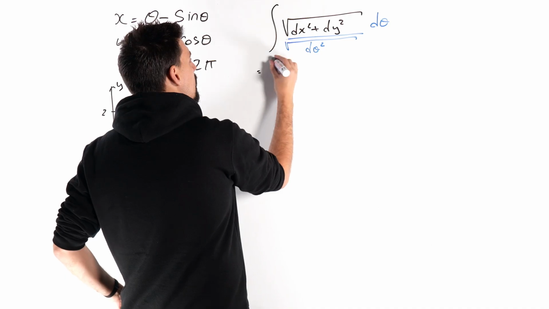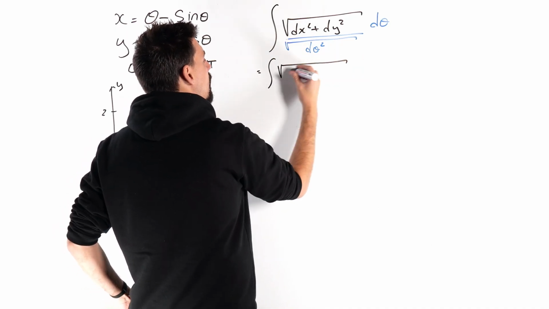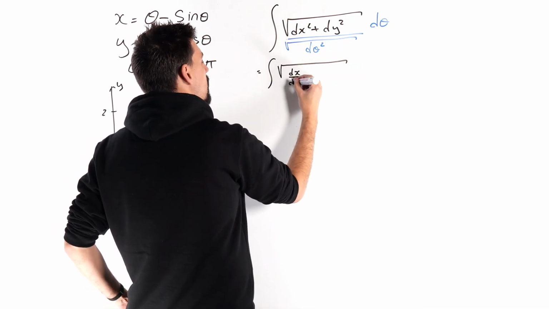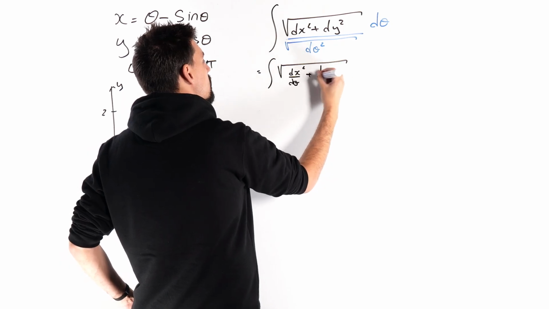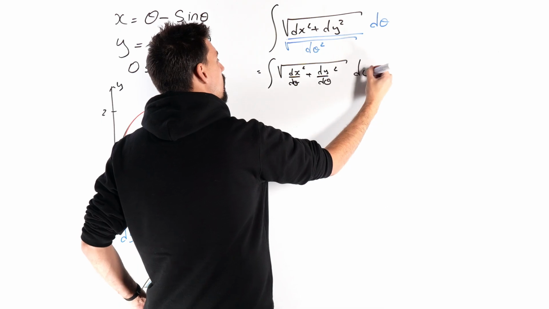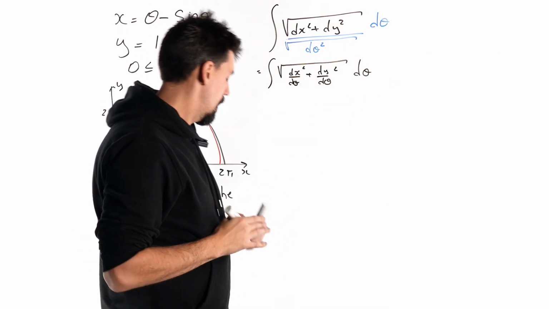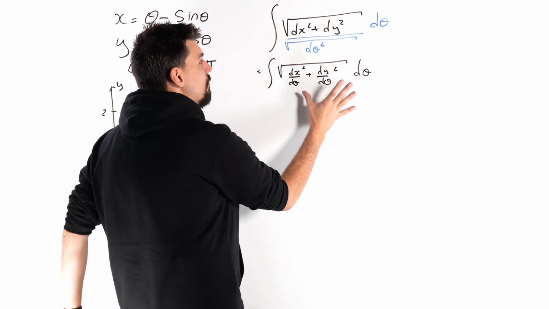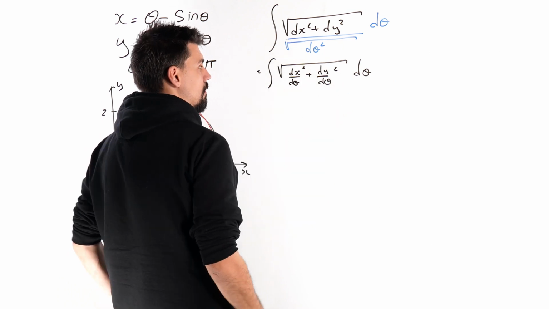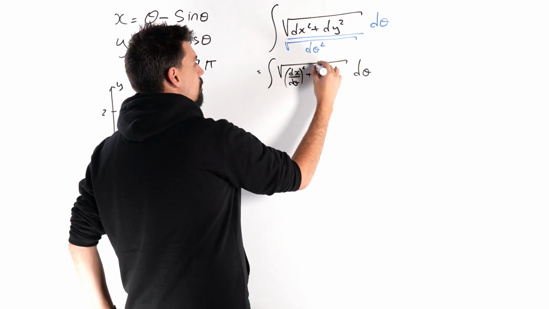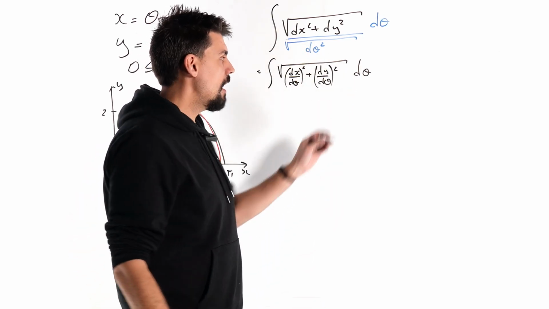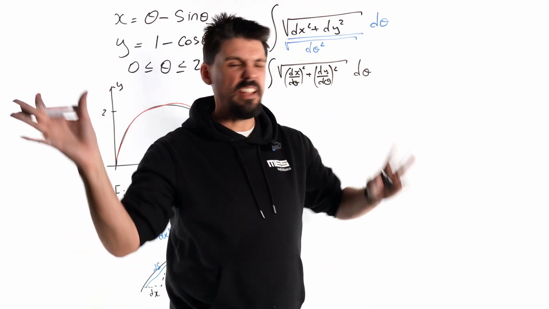So what we need is the integral, and if you plug that back in, I end up with the square root of (dx by d theta) squared plus (dy by d theta) squared, d theta. Technically, there's some brackets in there. This will give me my arc length.